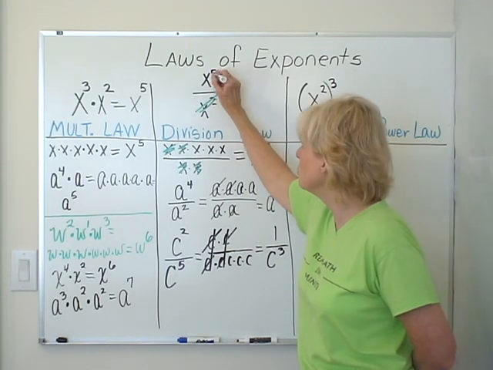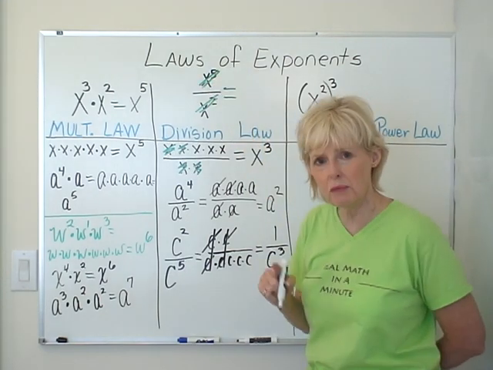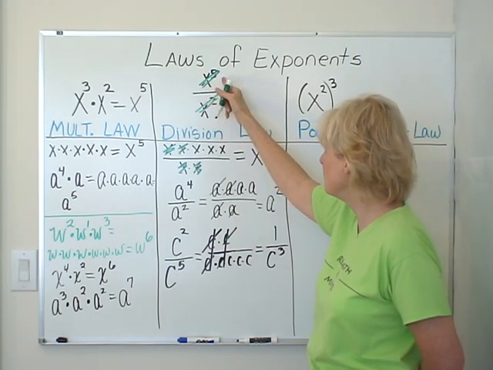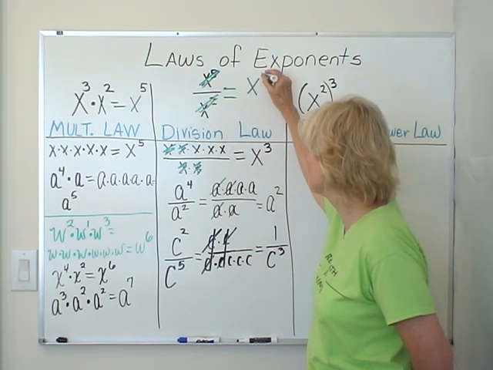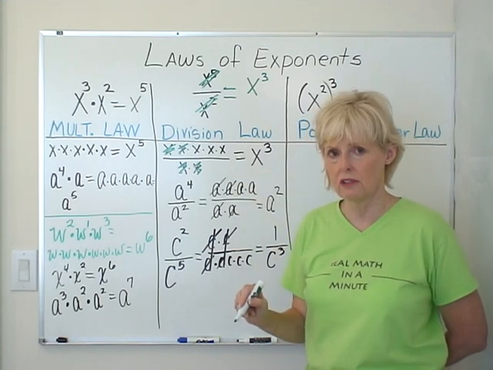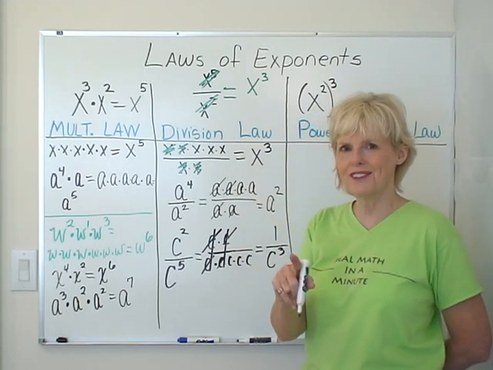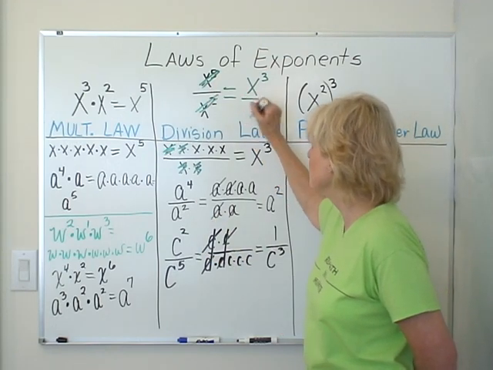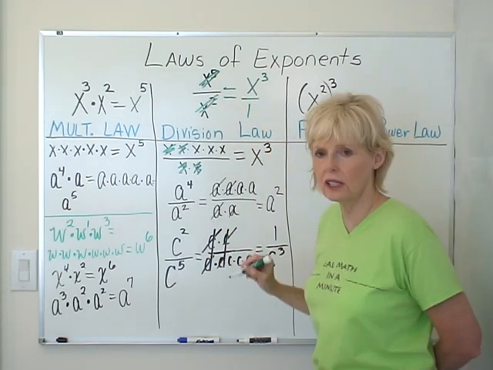with 2 of these. How many will I have left? Well, if I cancel 2 of these and 2 of those and I'm left with 5 minus 2, then I've got x to the third left. Now, very important to say, where are they left? They're left on top. There's nothing on the bottom. There's your 1 again.